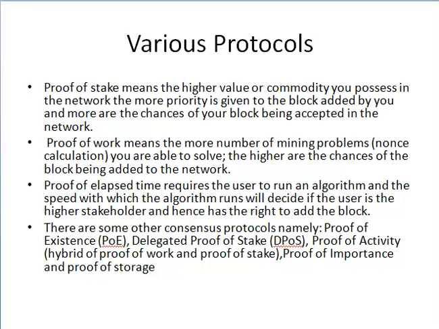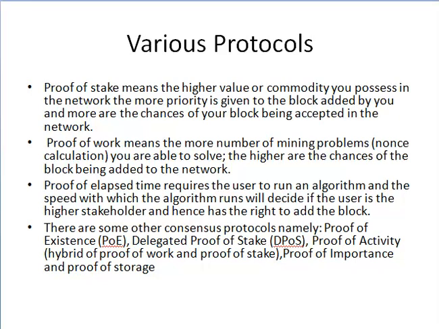Proof of work means how many mining problems you have solved, and you can read more about the mining problems because they themselves have a lot of research scope. The more mining problems you have solved, the more likely your block will be added. Then we have proof of elapsed time.